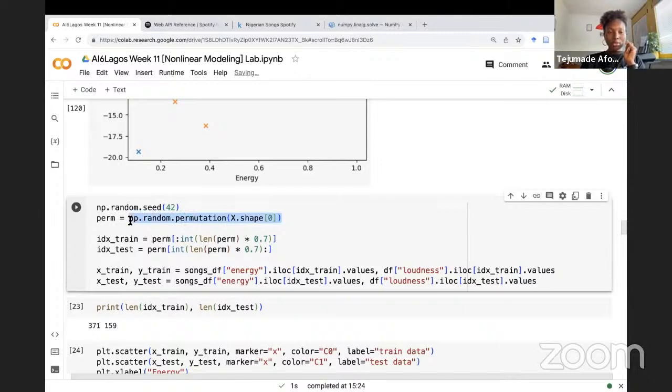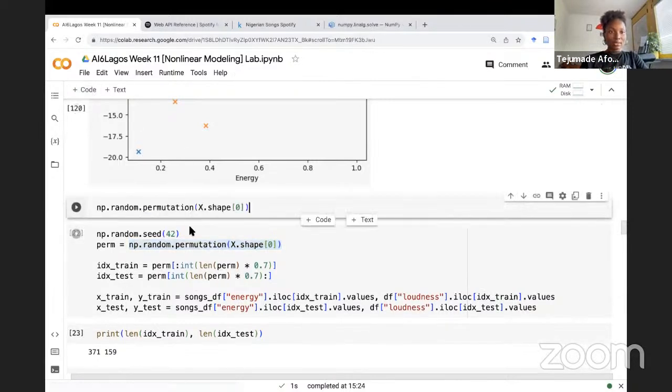The next thing is that we use the NumPy permutation, which gives you a random integer within the range that you have specified. Let's get this out. Let's say we want to get a permutation of 10.